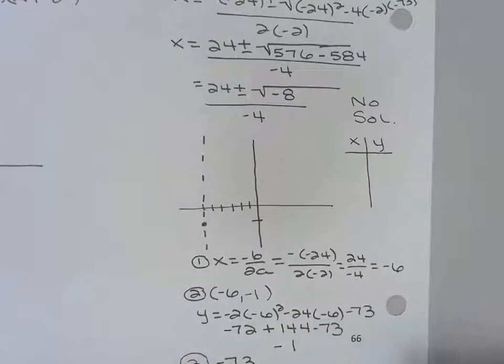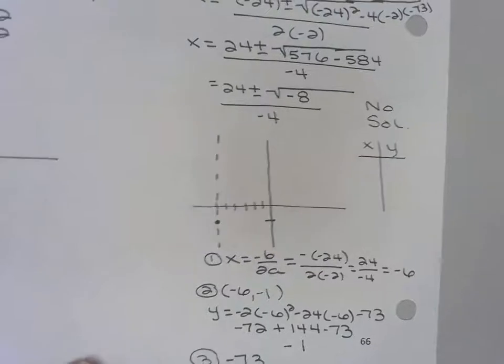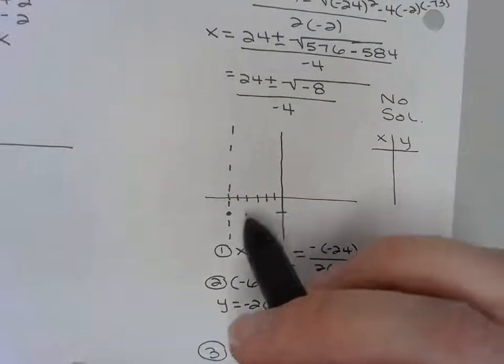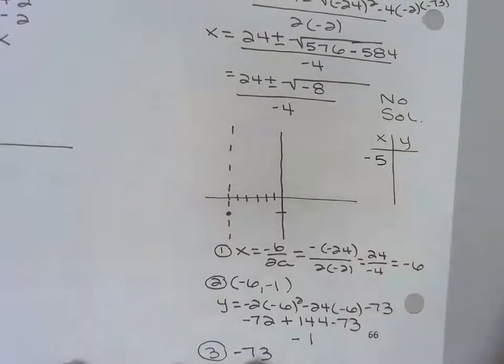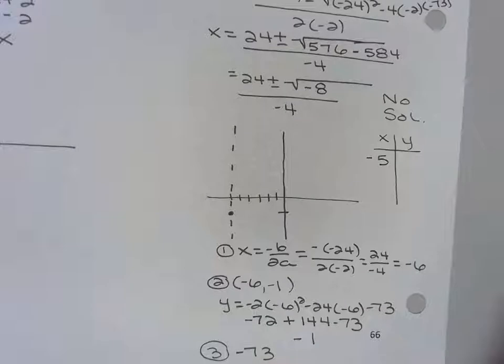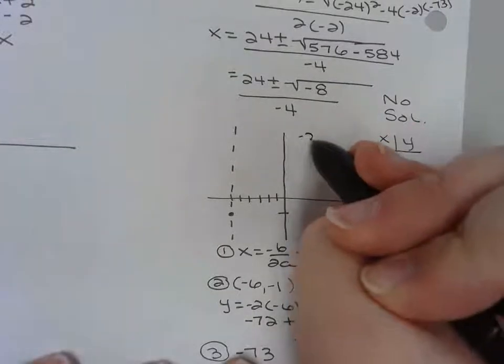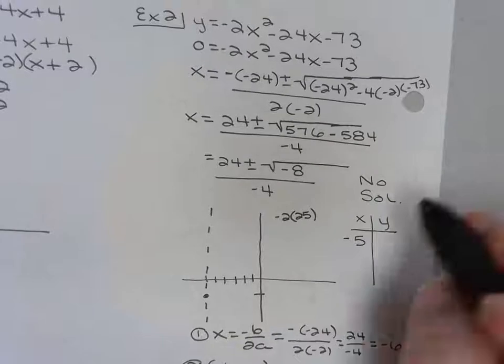So let's plug in another x value and see what y is. What would be another x value to plug in? I would choose one closer. So let's do a negative 5. Plug in negative 5. So if I plug in negative 5, I'm going to get negative 2 times 25. What's negative 24 times negative 5?